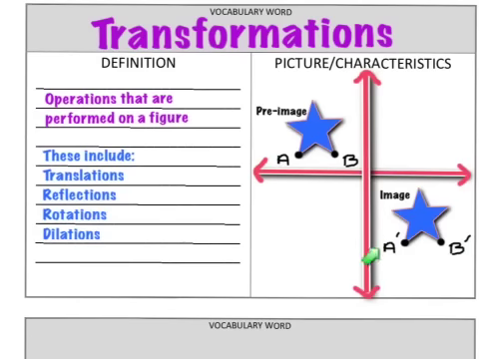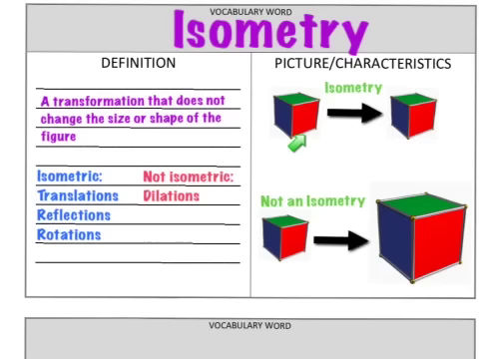Okay, next word, isometry. Just a reminder, make sure that you're pausing the video while you take time to write all this down. Don't try to write it as I'm talking. That's too much. Okay, definition. A transformation that does not change the size or shape of the figure. So look over here at this box. Notice that if this was the pre-image and this is the image, it didn't change at all.